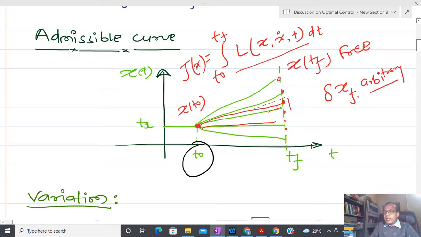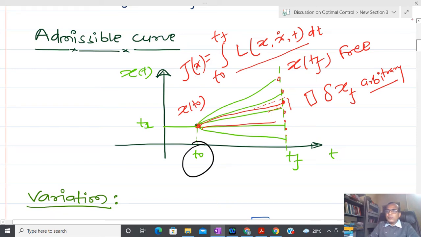So the only possibility is that whatever coefficient is associated with this delta xf, that should be 0. Then only can I say that the variation of this functional equals 0.